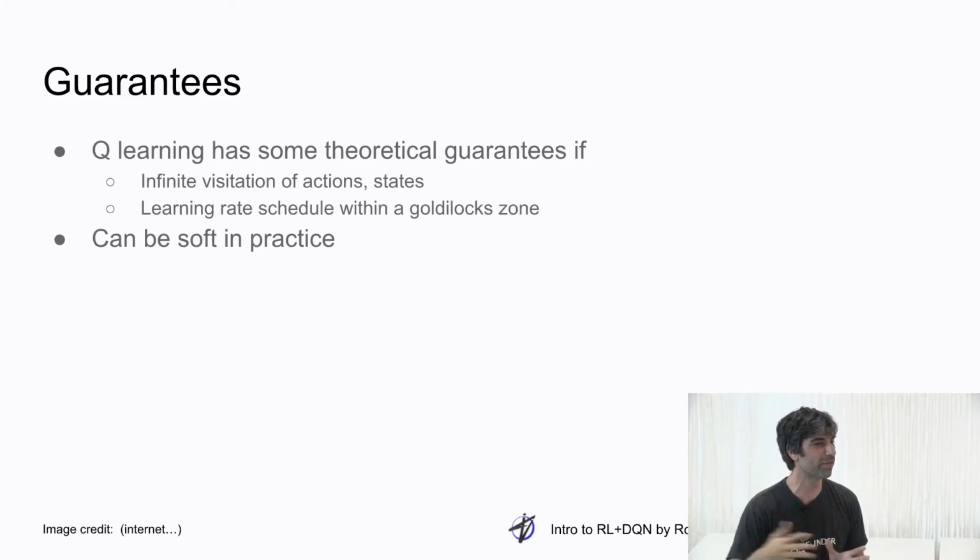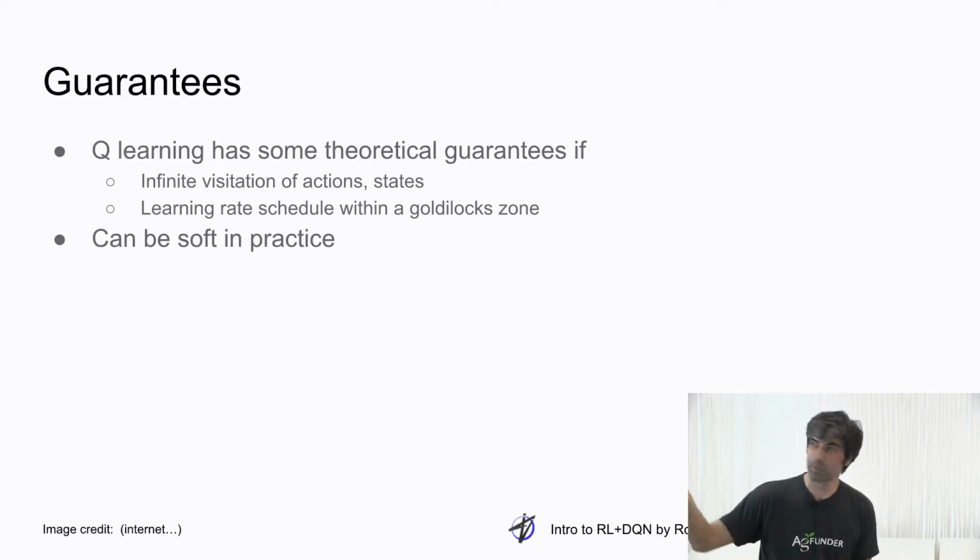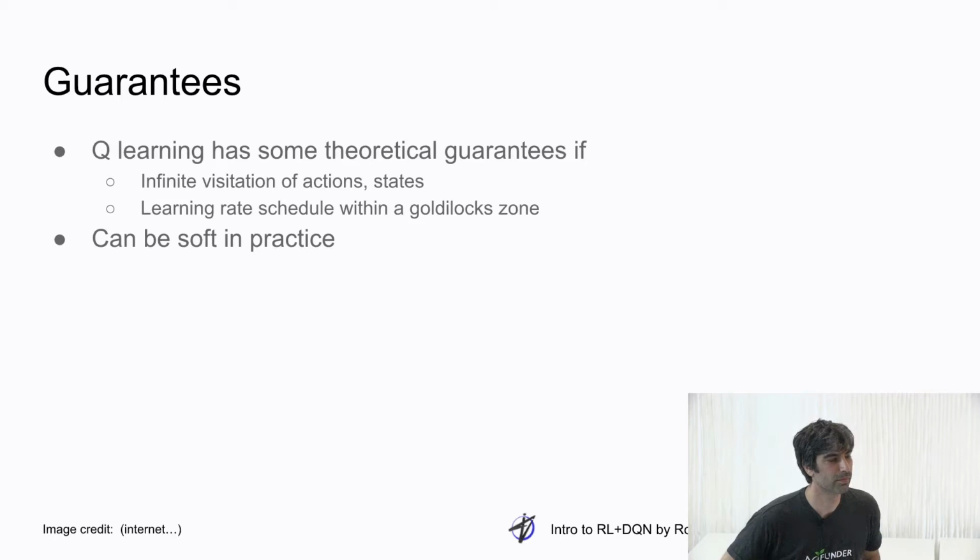It's got to be some kind of medium value. These sound kind of constraining, but in practice you don't need to visit everything infinitely. It's just to make the theory work. I would describe it that way. I don't know a better way to answer you.